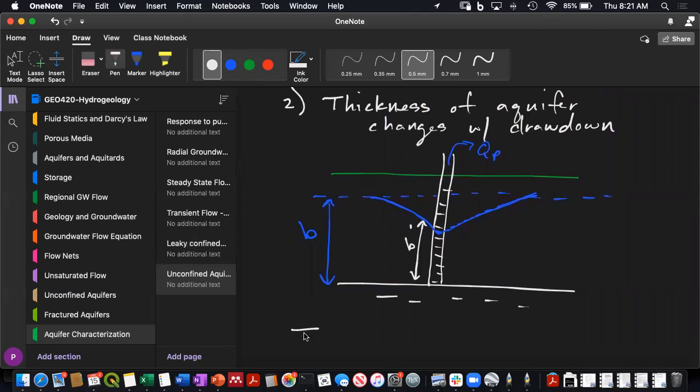Recall that transmissivity is the hydraulic conductivity times the thickness of the aquifer. So what happens to the transmissivity in an unconfined aquifer as I pump?